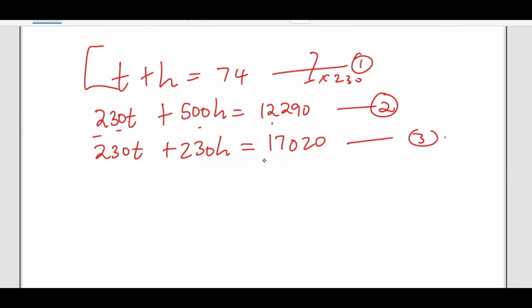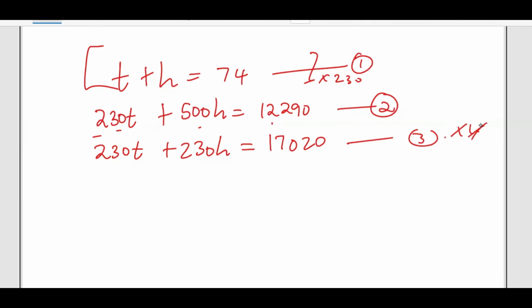Then if we try to do the subtraction, why is it that this question is not making sense for me? What am I doing wrong?